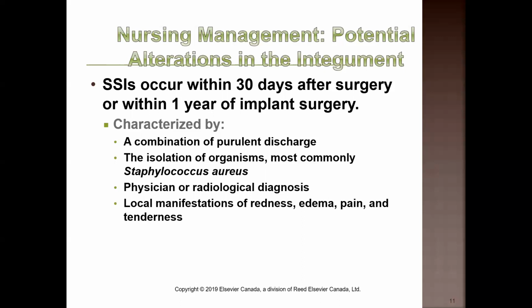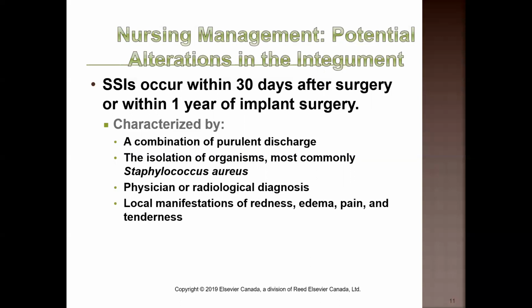We can either have a diagnosis by a physician based on the culture, or we can have a radiological diagnosis when we have, let's say, a hip replacement or something like that, where it's not physically obvious on the outside of a person, but we may see something like an osteomyelitis or something else occurring within the implant.